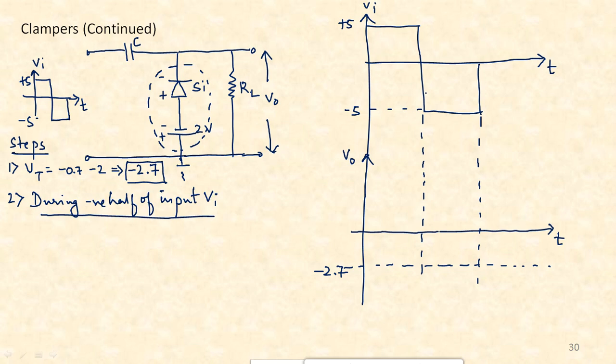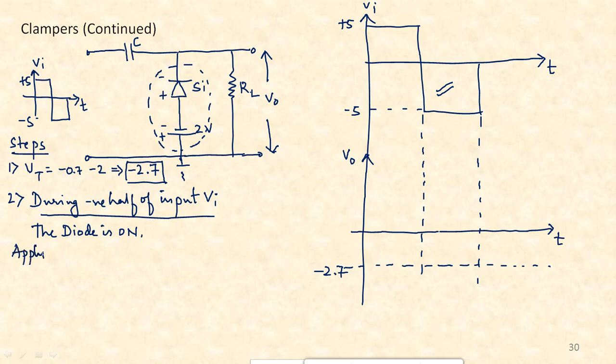So during this phase we are here. Negative half cycle, the diode is on. So when the diode is on, what should be the voltage across the capacitor?